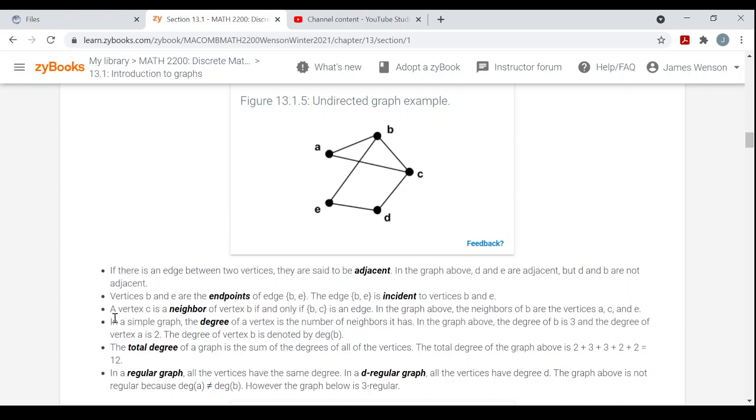Another definition. A vertex C is a neighbor of vertex B if and only if the edge BC is an edge.